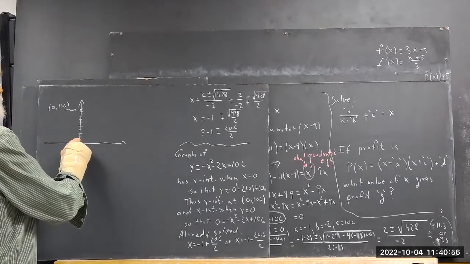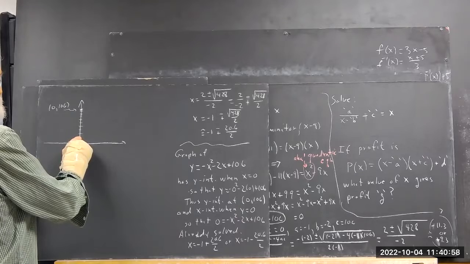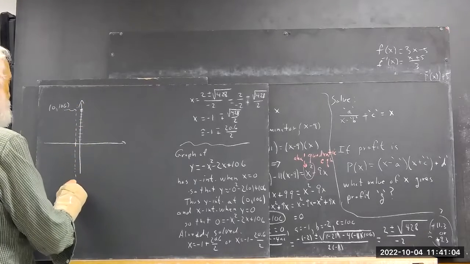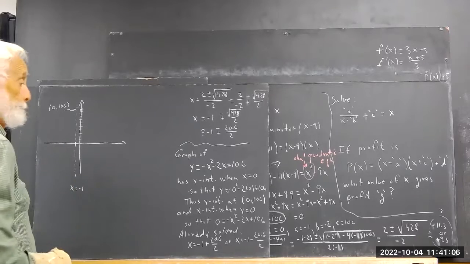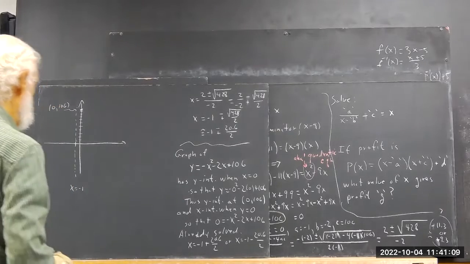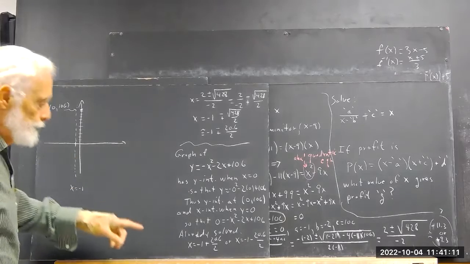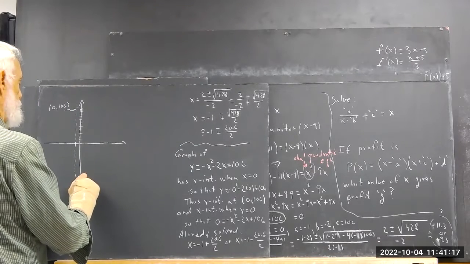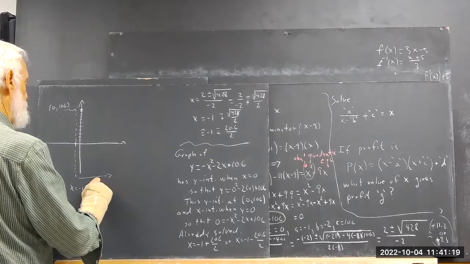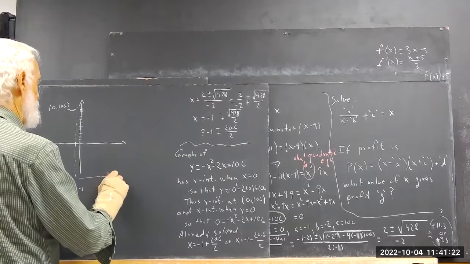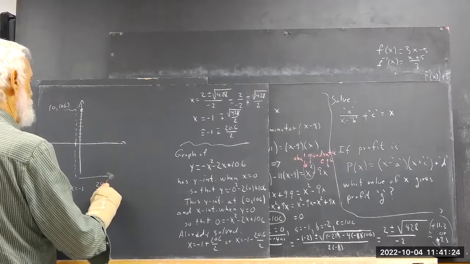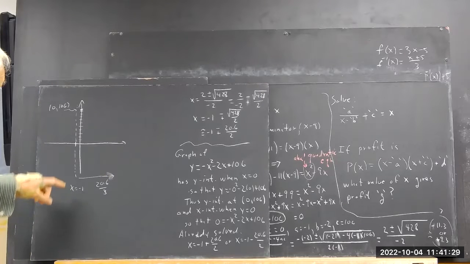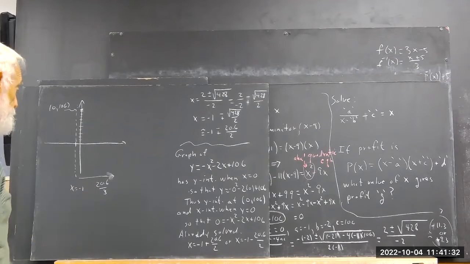-1. So let's say that I put -1 here. My line x equals -1. Now, -1 plus 20.6 over 2. Well, we can move to the right, 20.6 over 2 units. That's what we mean by -1 plus 20.6 over 2.